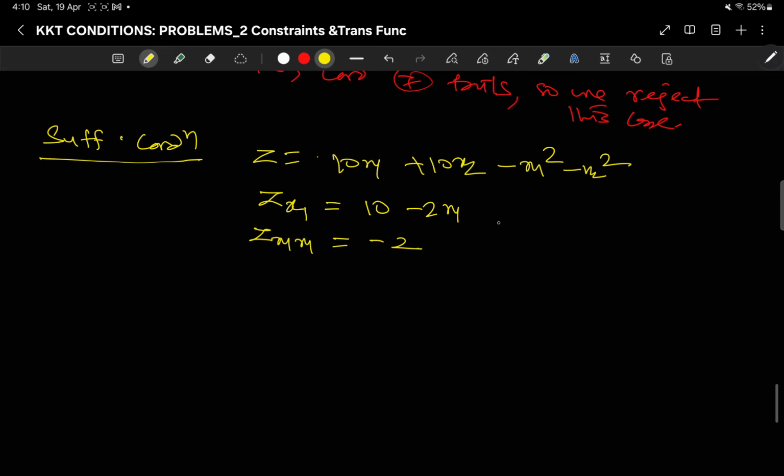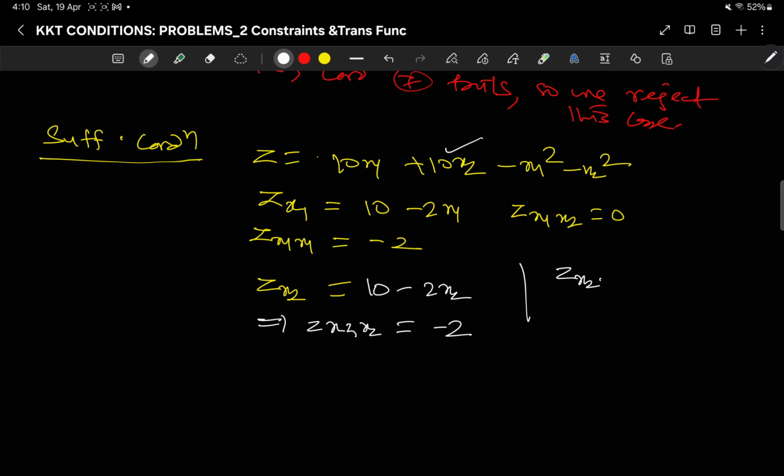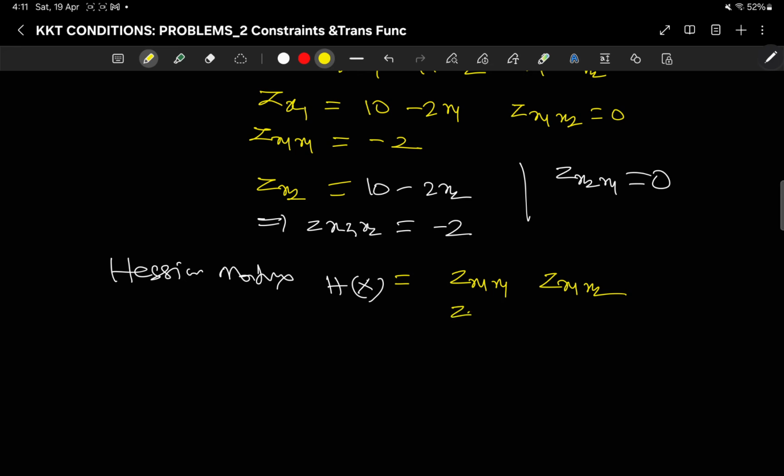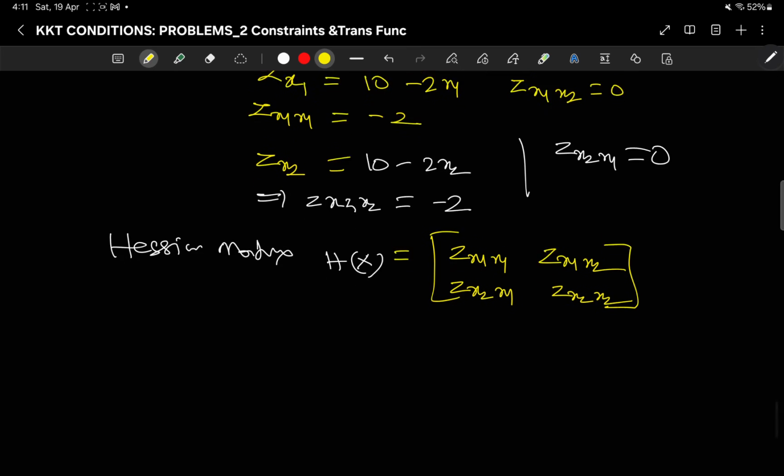Then z_x1x2 is 0. Similarly z_x2 will be 10 minus 2x2, so z_x2x2 is minus 2, and z_x2x1 is 0. So what is my Hessian matrix? Hessian matrix H(x) is equal to z_x1x1, z_x1x2, z_x2x1, z_x2x2. This is the Hessian matrix.